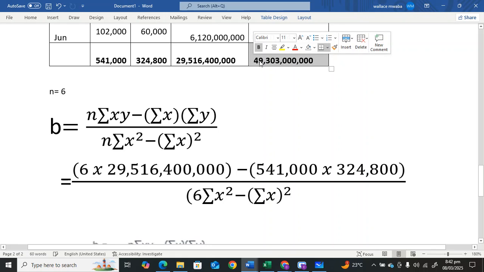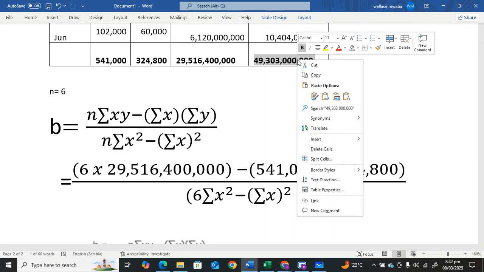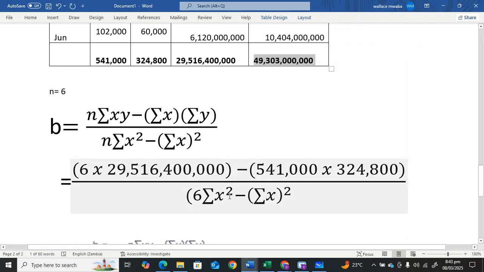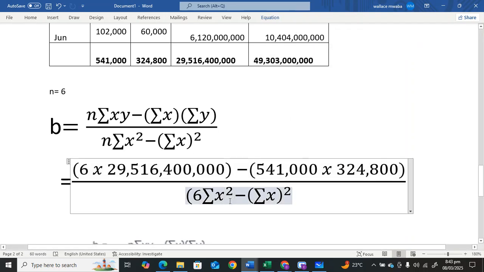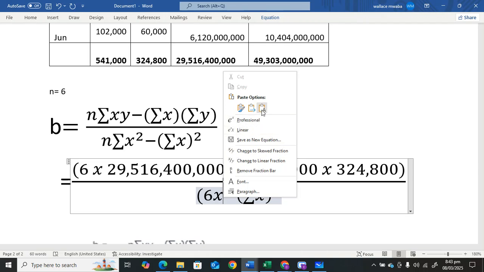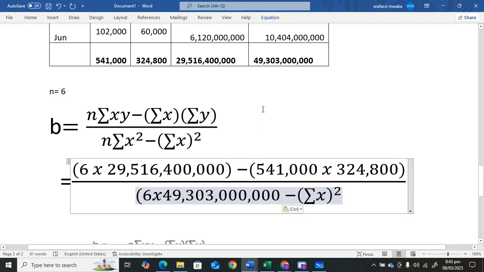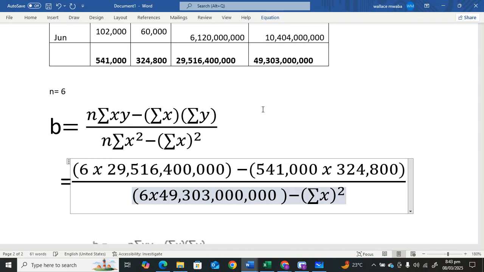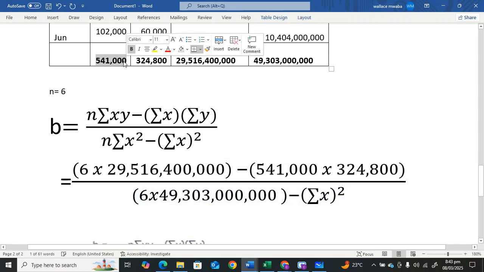So this 49 billion here is summation of x squared. Summation of x, 540.